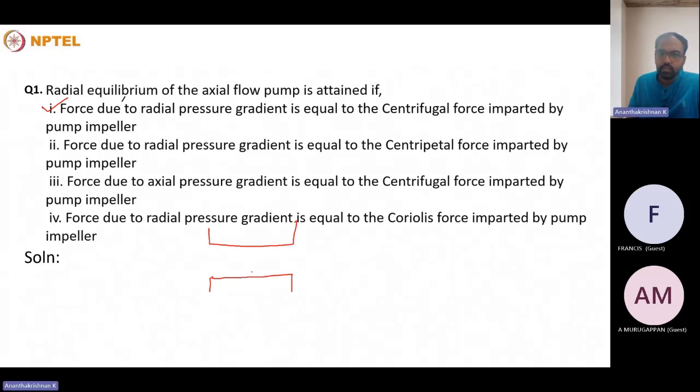So in this one, consider this to be the axis, z direction, and this will be the r direction, and theta direction will be perpendicular to the plane of the paper, into the paper. So assume this pump to be rotating in clockwise direction.